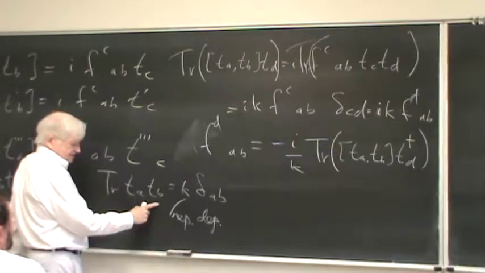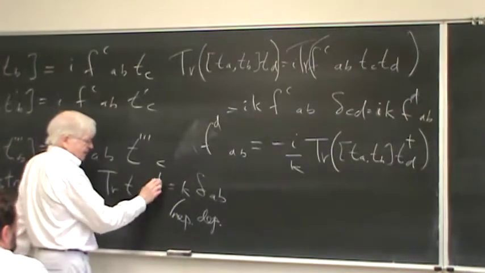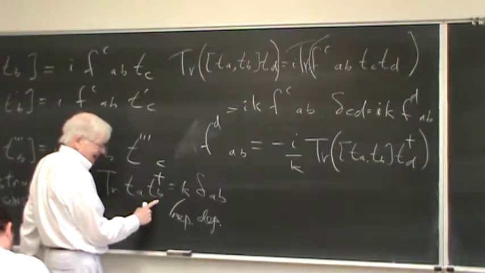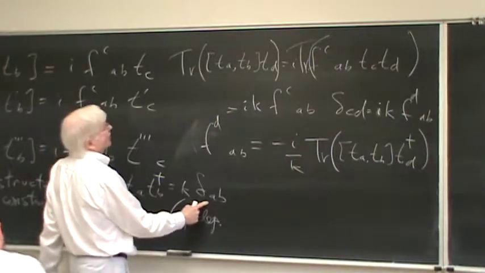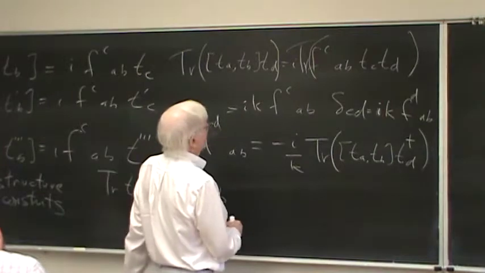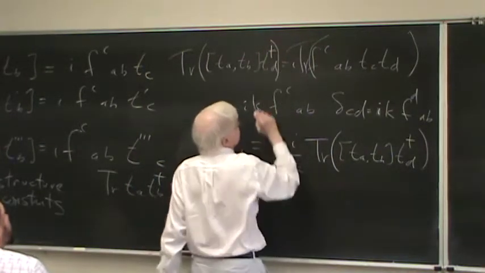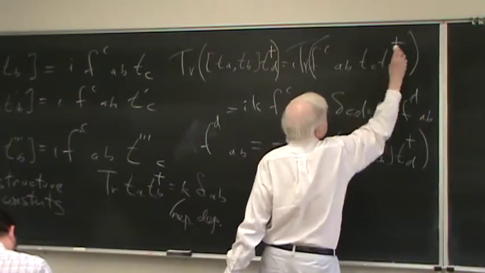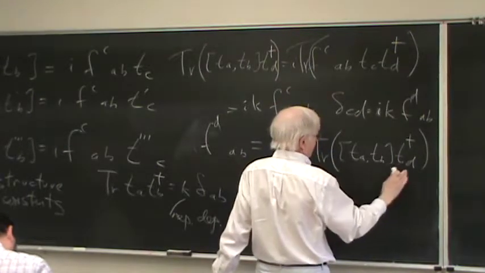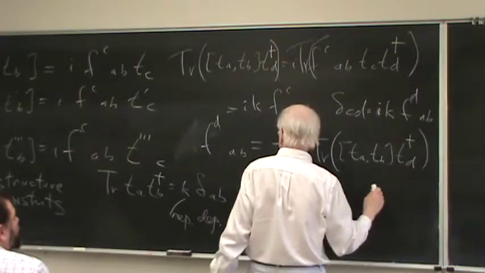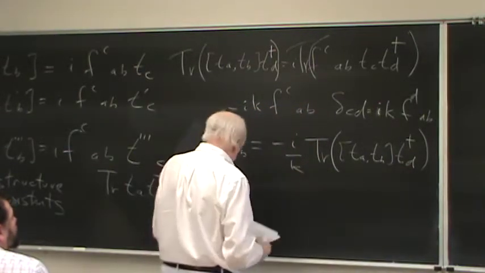When I say you make them orthogonal, what I meant was you say that T^A with T^B adjoint is orthogonal. And so I multiplied here by T^D adjoint. We have T^D adjoint. And right, okay, so the rest of this is right.